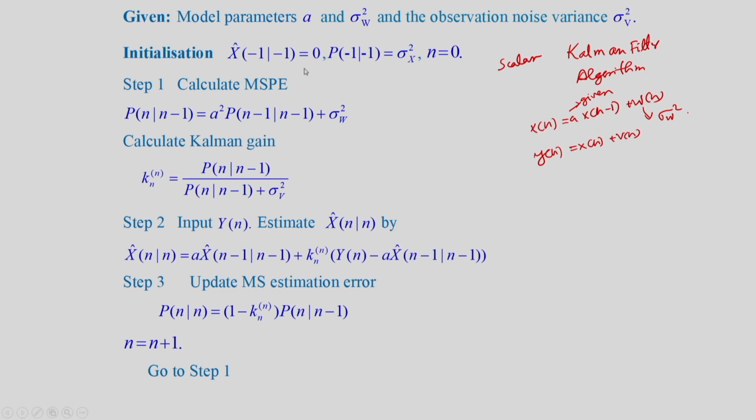We have to initialize the estimator. So, x hat minus 1 given minus 1 is equal to 0, because we do not use any estimated value. So, it will be 0, and under that situation, that is mean square prediction error, P of minus 1 given minus 1 will be equal to sigma x square, the variance of the signal, and we can use any positive number here.